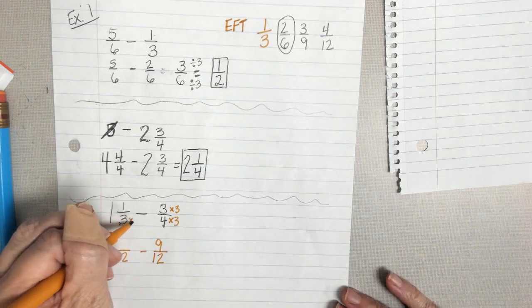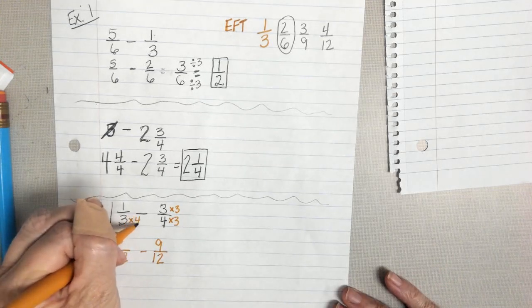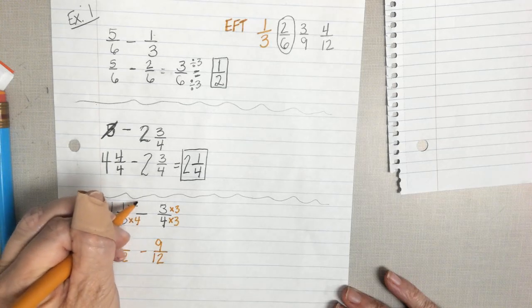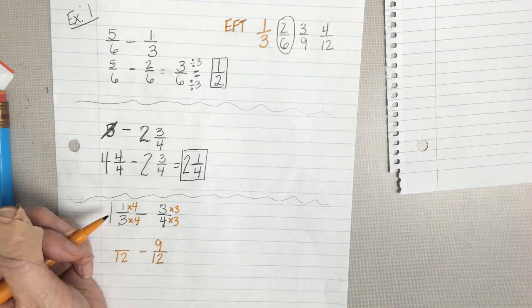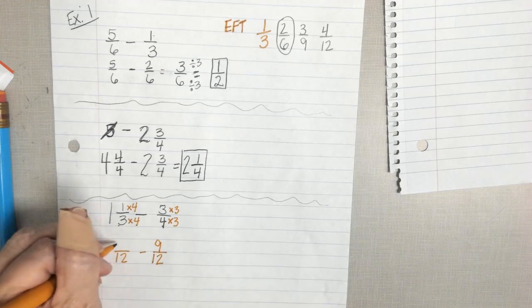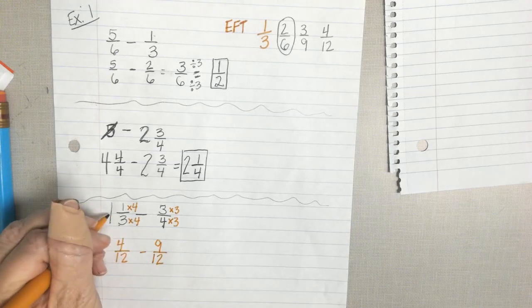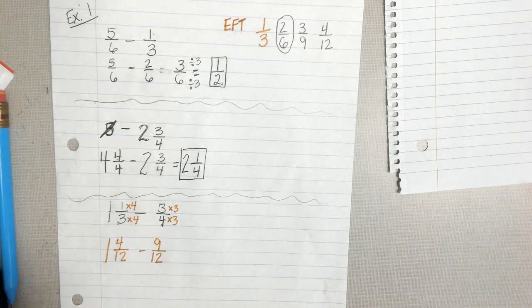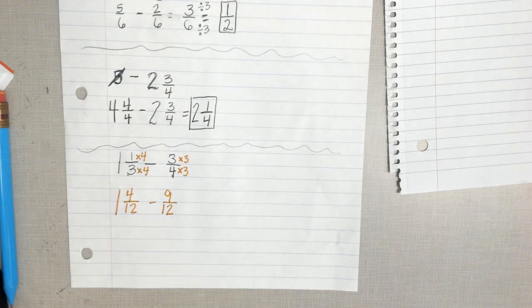So that would be 4. And if I multiply the bottom by 4, then I must also multiply the numerator by 4. So I get a new fraction name of 4/12. And this 1 is going to slide on down, just like that. Now when I see my fraction, I have 1 and 4/12 minus 9/12.